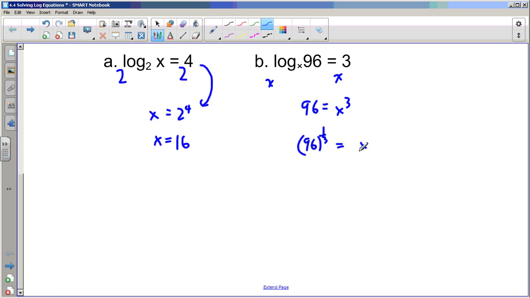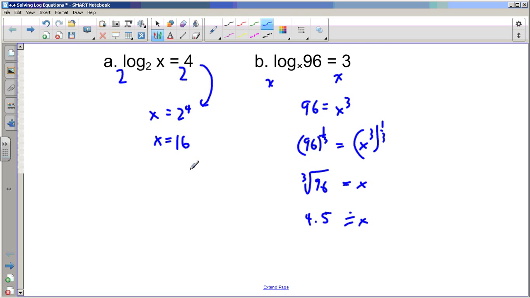Or I could just think of it as the cube root of 96, which doesn't work out perfectly, so I'm jamming this into a calculator. Cube root of 96. If you have trouble finding your cube root button on your calculator, then don't be afraid to ask about that in class.